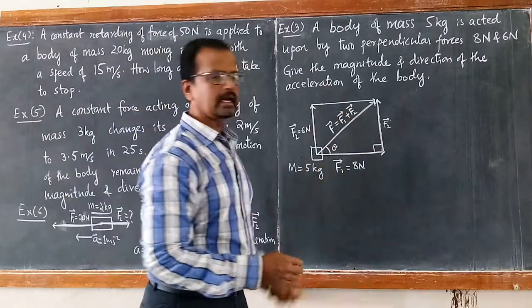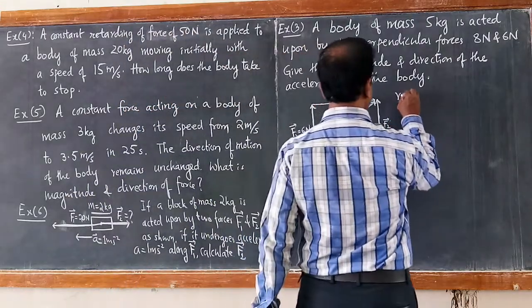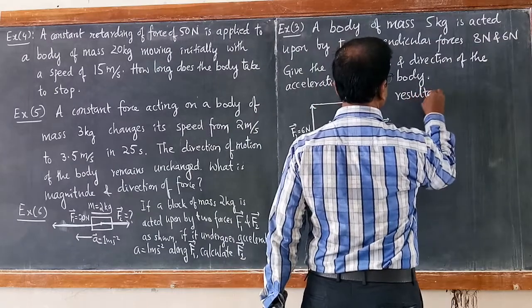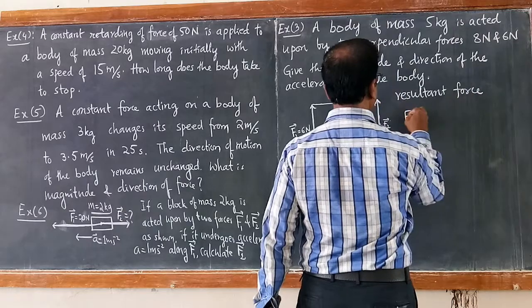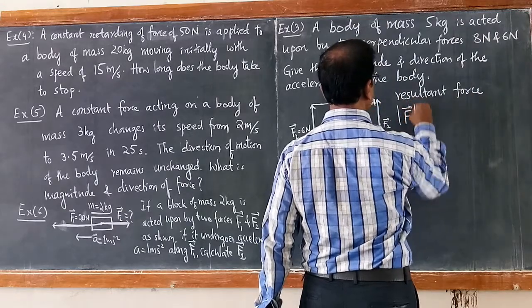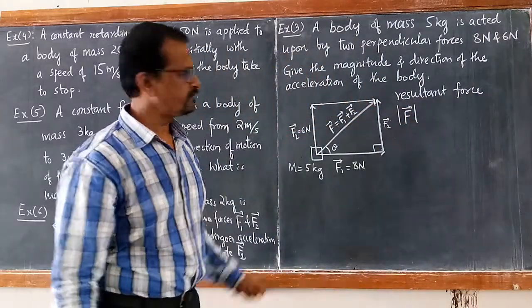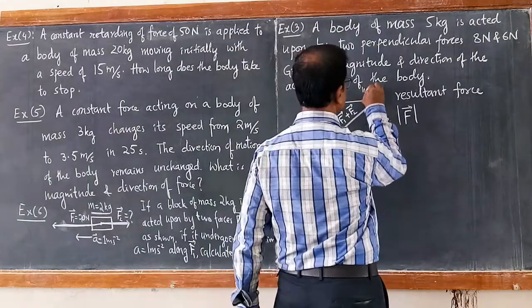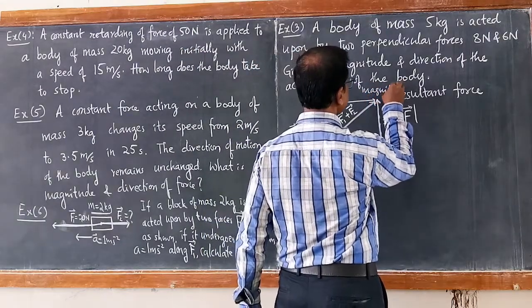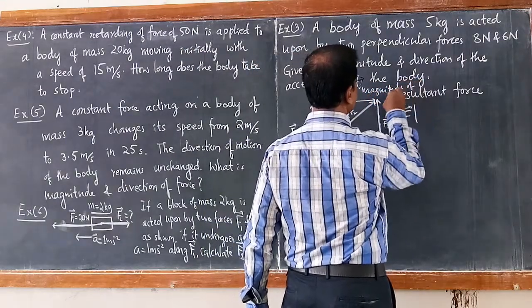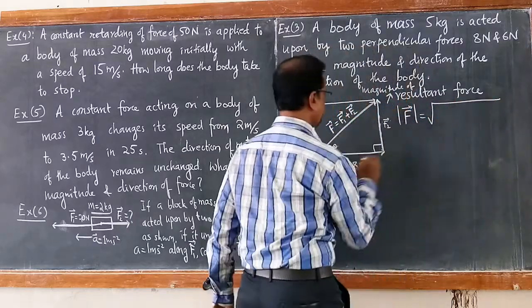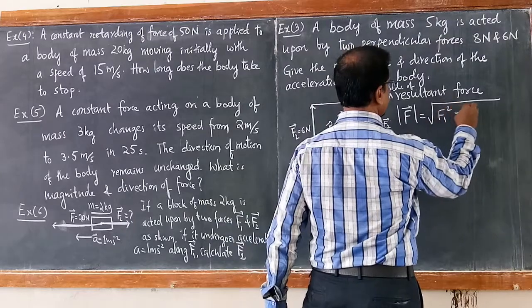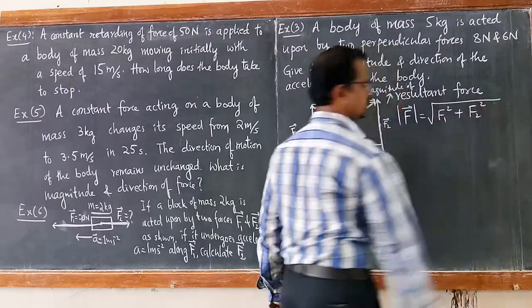So I can write directly: magnitude of resultant force F is equal to square root of F1 square plus F2 square.